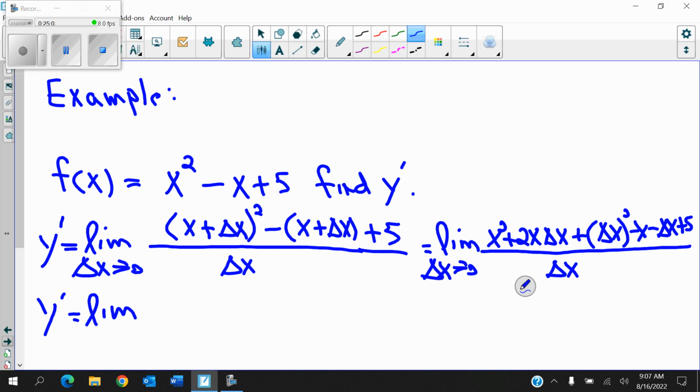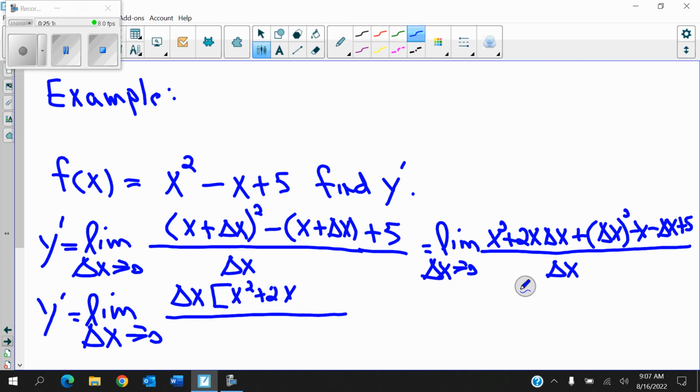The limit as delta x approaches 0, we're going to factor out delta x, leaving me with what inside? x squared plus 2x plus delta x. We'll take one of those out of there. Minus x. And this is gone. Plus 5. This is all over delta x.